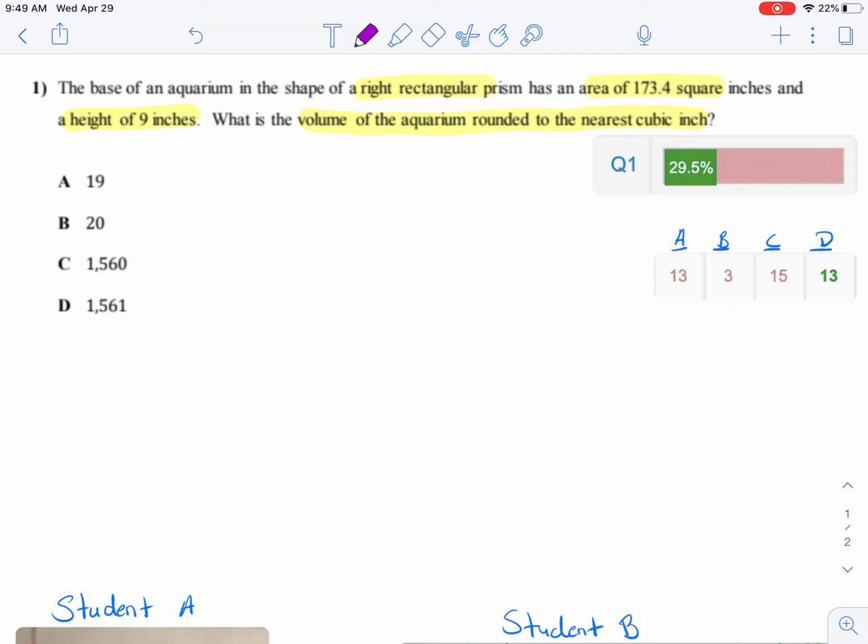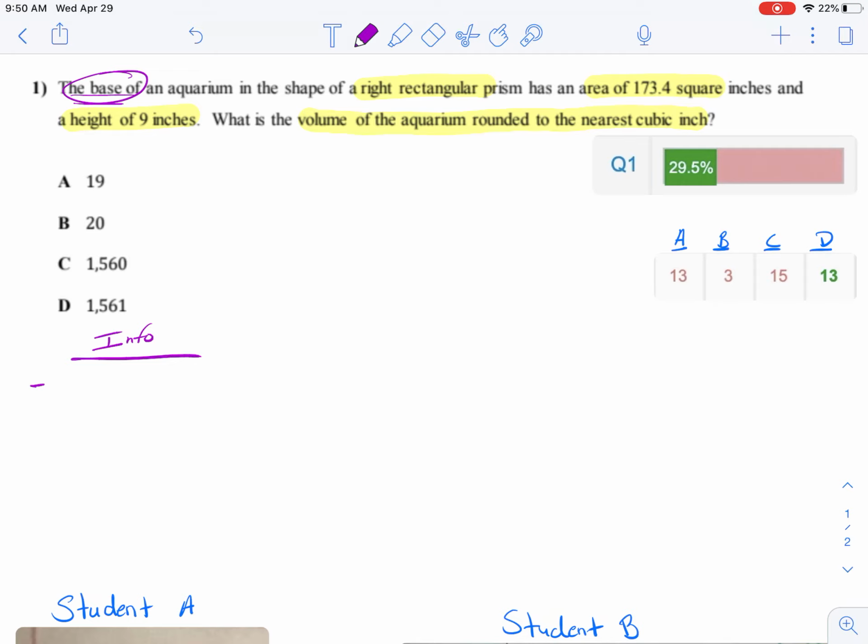We're going to start off with the first thing we highlighted. What is the first thing that we are being given here? I'm going to call on someone. Ava, what's the first thing on this problem that's being given to us? Hopefully you said the following: Mr. Bravo, we are being given the area of the base of this rectangular prism.